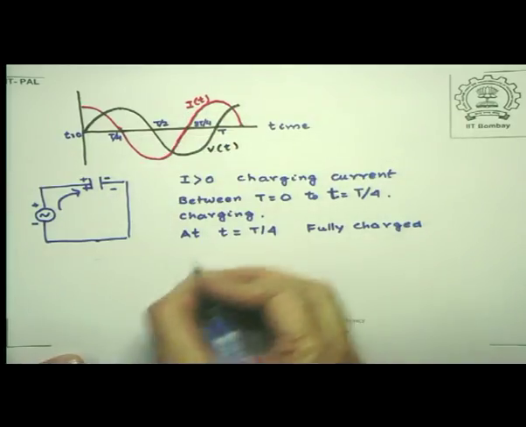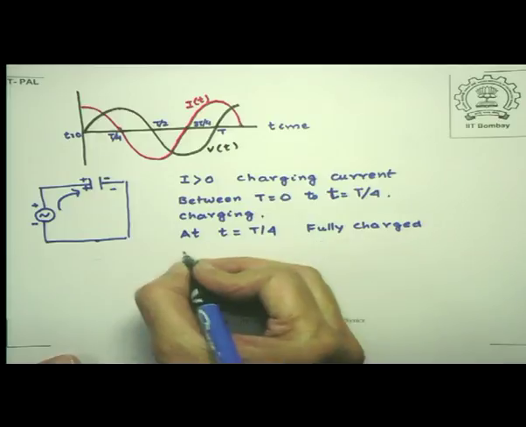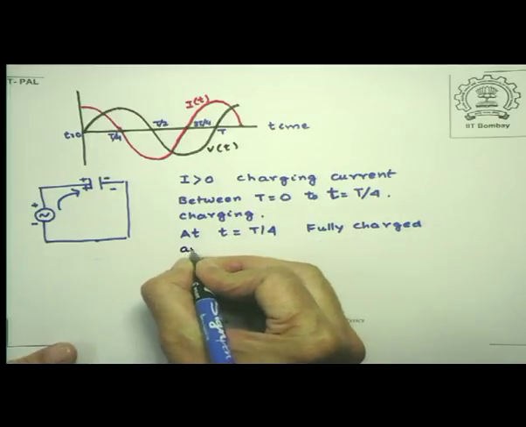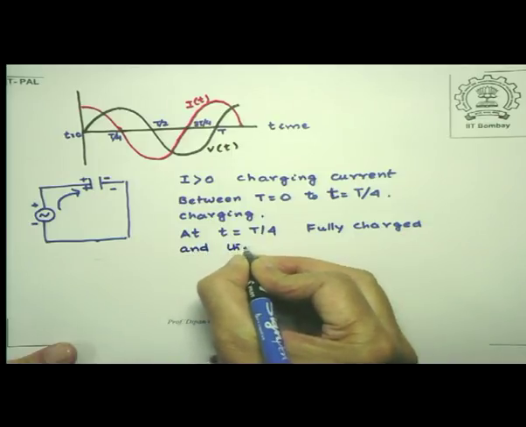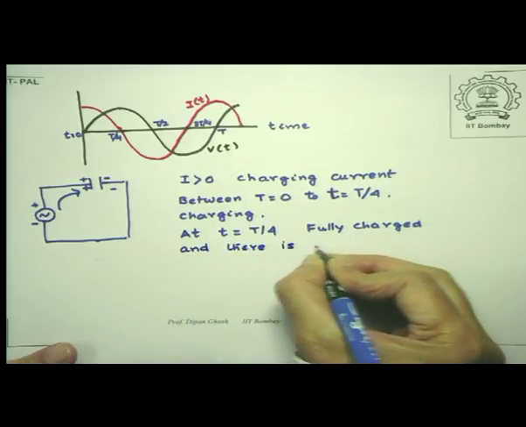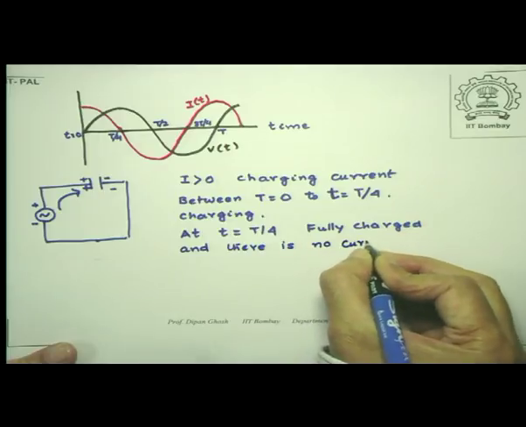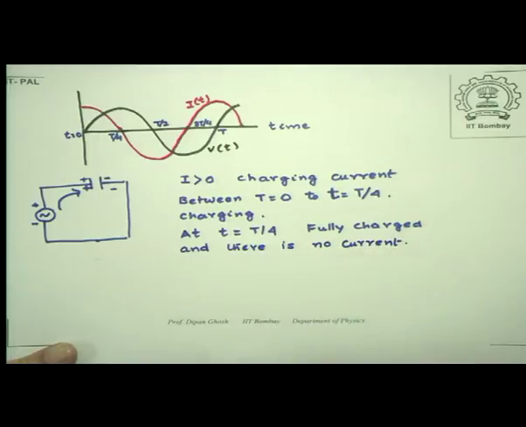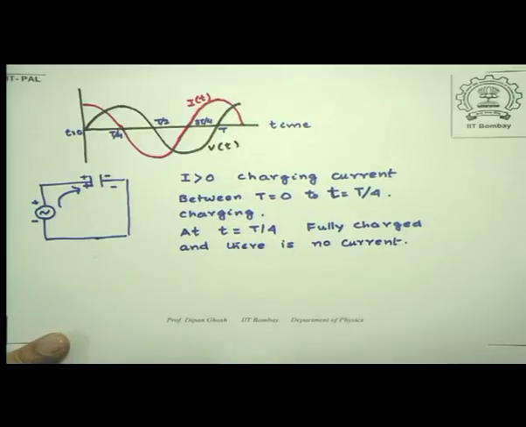So what we said is that at t equal to T by 4 it is fully charged, and for a brief moment there is no current at that instant. Now what happens next?